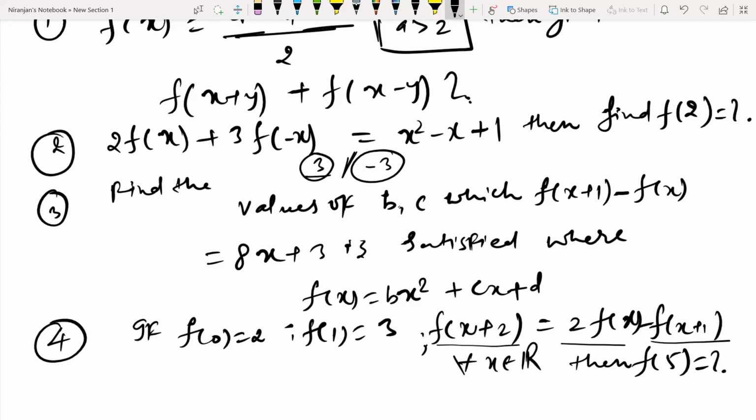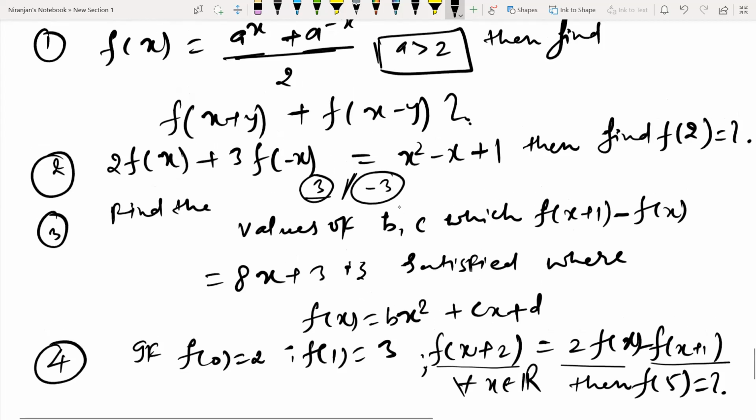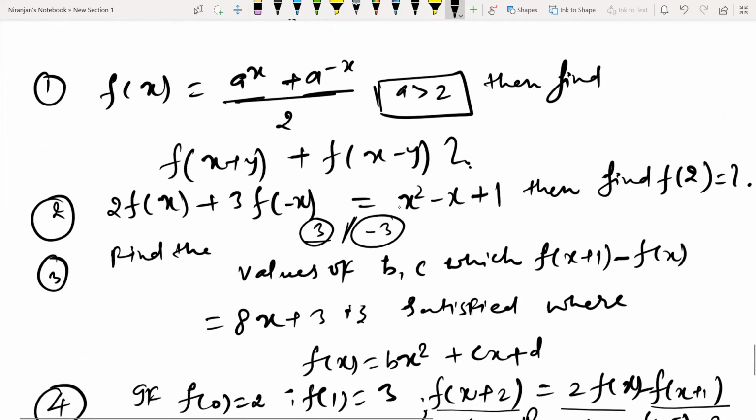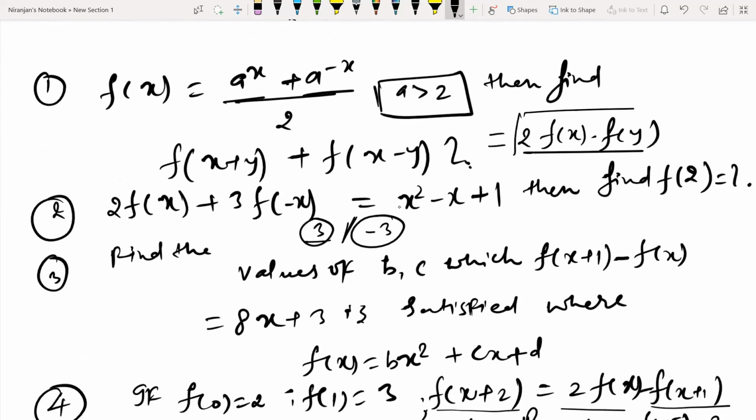Sir, answer to first one is 2 of f of x into f of y. Yeah, who answered this one? Jarna. Amazing. Thank you, sir. Guys, you want to check the second question again? I think Nitigya and Mansi.